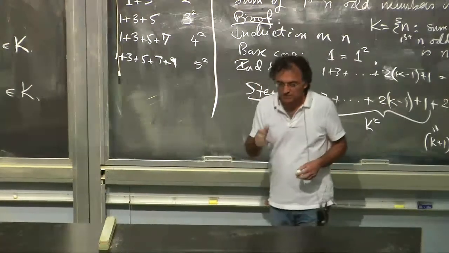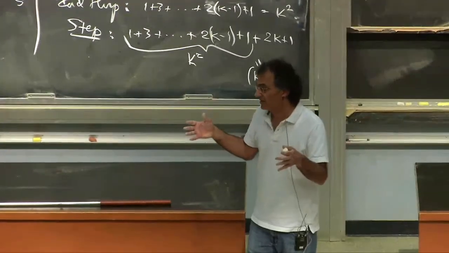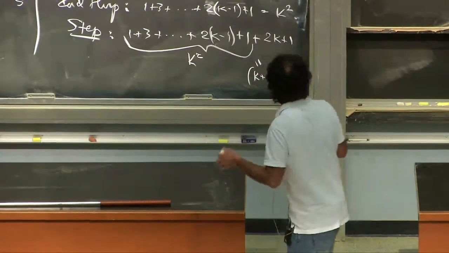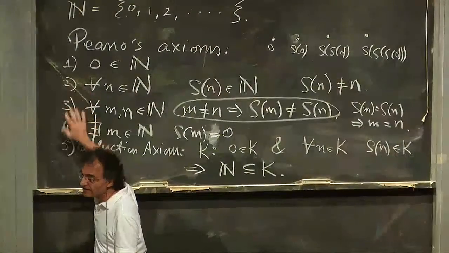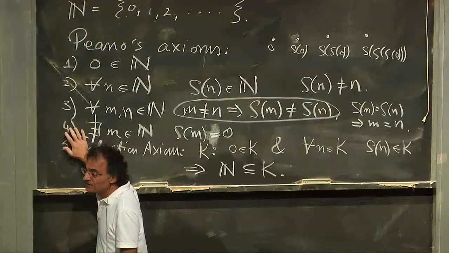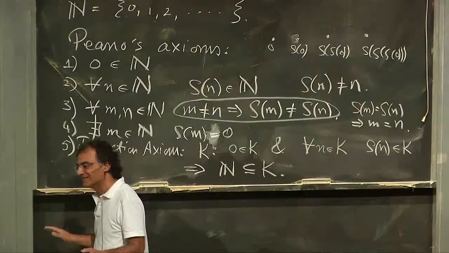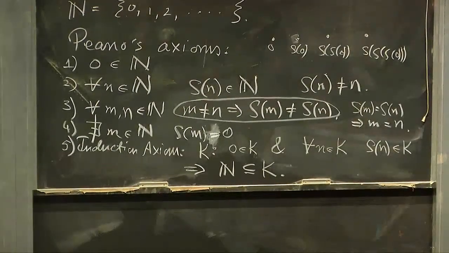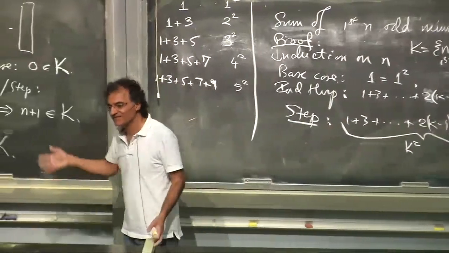In mathematics now the natural numbers are an undefined object. We didn't define it. All we did was say, here are some constraints that they satisfy. These are the axioms. And now the natural numbers are anything that satisfies these axioms. So we may have many, many different models for the natural numbers.